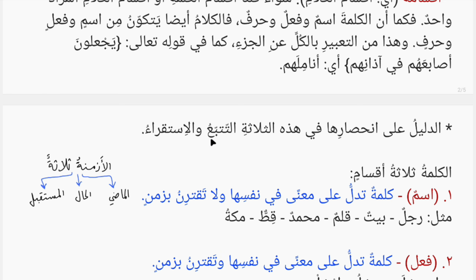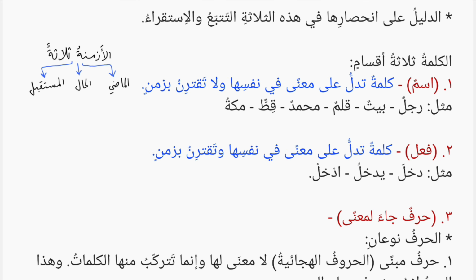The scholars have looked at all of that which has been recorded, and they've concluded that all of the Arabic words must fall into one of these 3 categories. There is no 4th category. So through at-tatabbu wal-istiqra, this is the evidence which indicates that the Arabic language is limited to these 3 parts, the categories of speech.